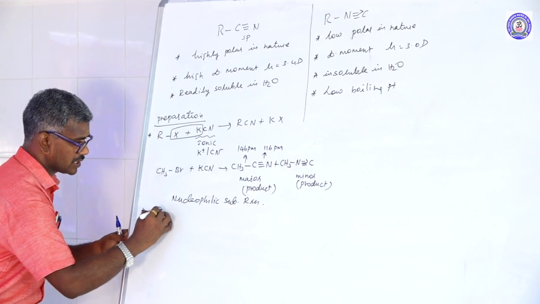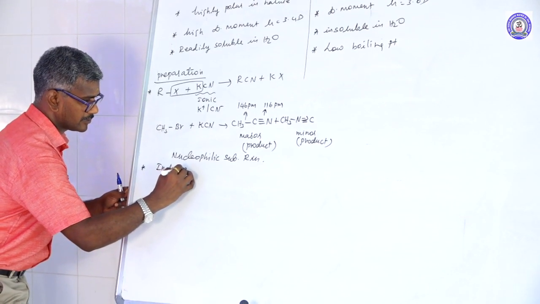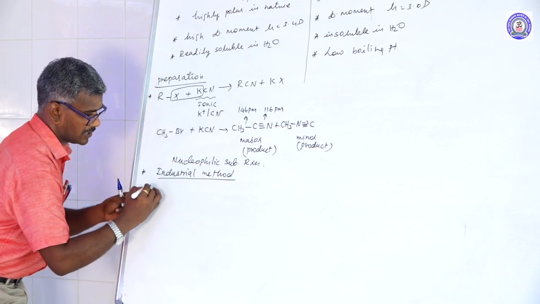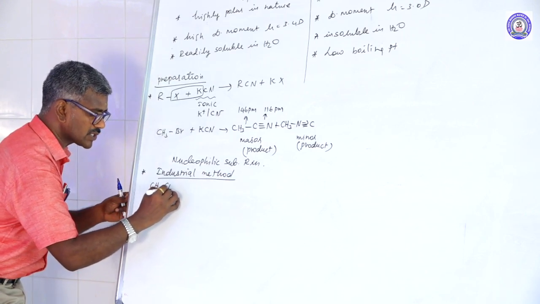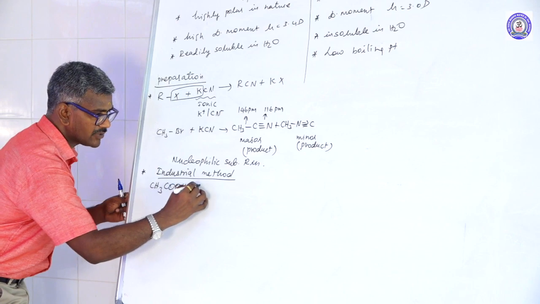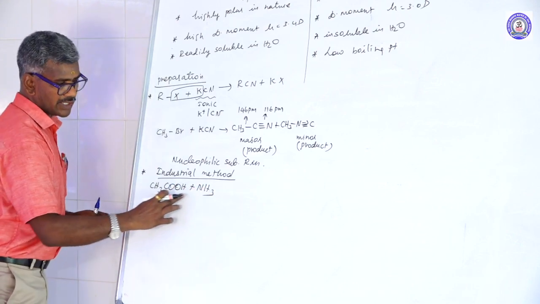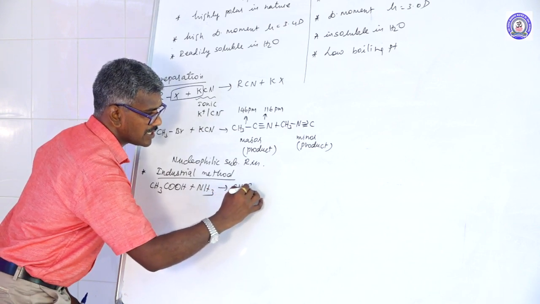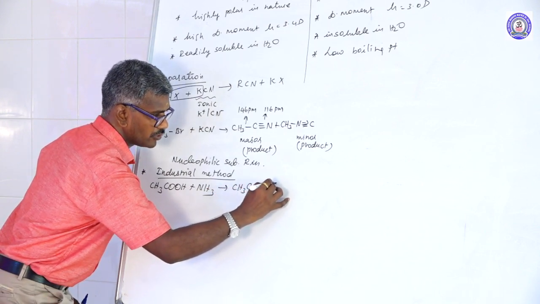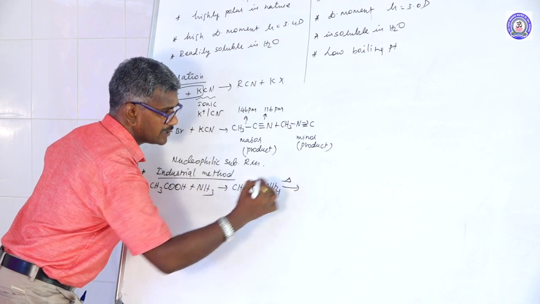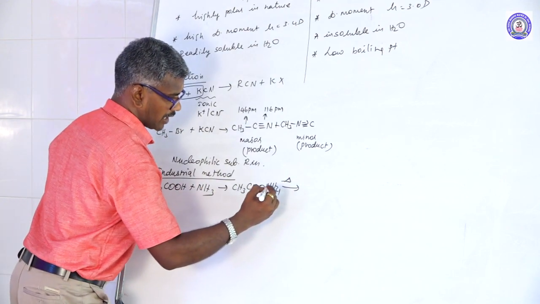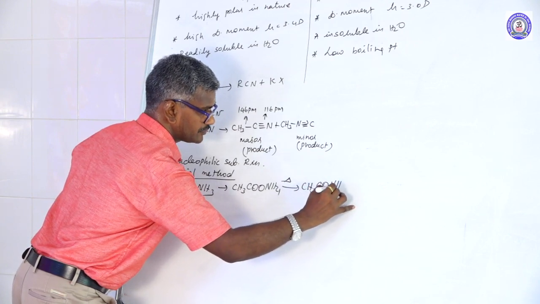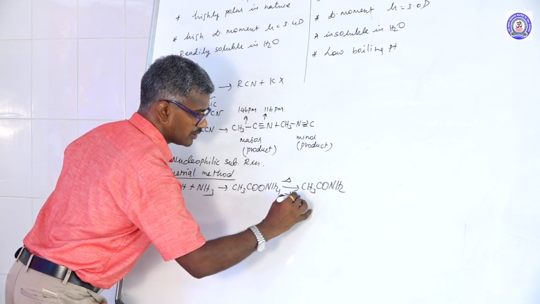Another one, the industrial method. Any carboxylic acid reacts with ammonia. The acid reacts with the base to form a salt, CH3COONH4. This is heated to form CH3CONH2, with removal of a water molecule.